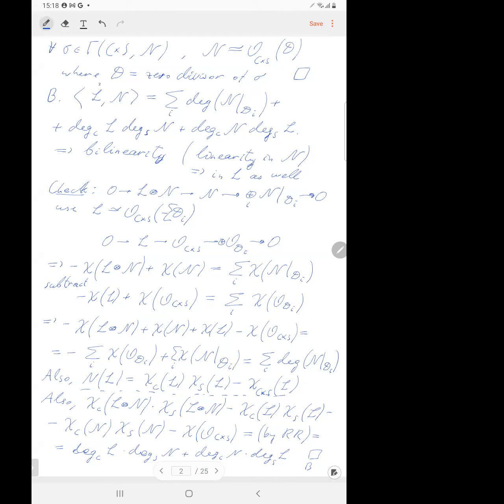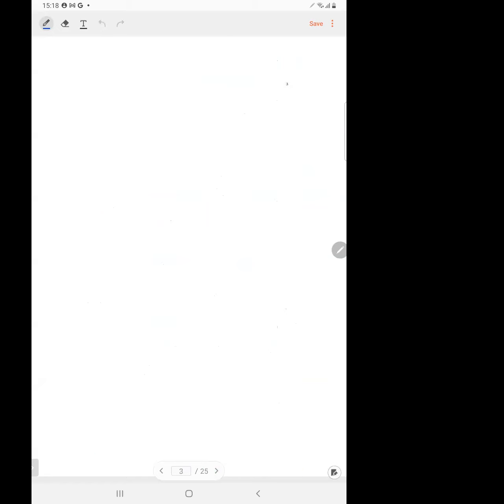Okay, so we proved the bilinearity. Okay, and the last thing that remains to prove is that the defect of L is 1/2 of its self-pairing.